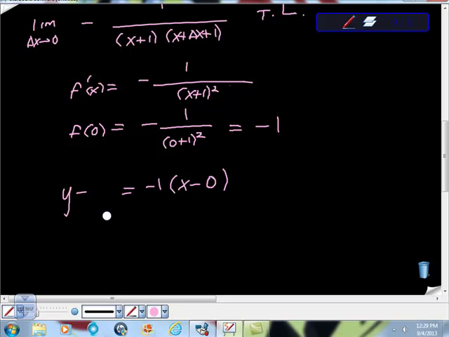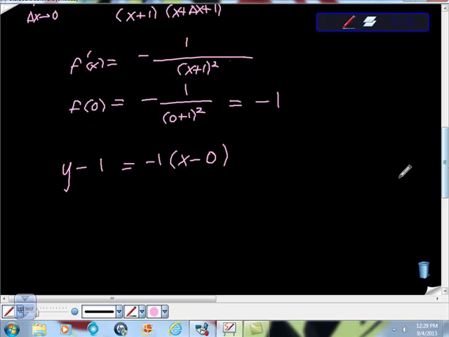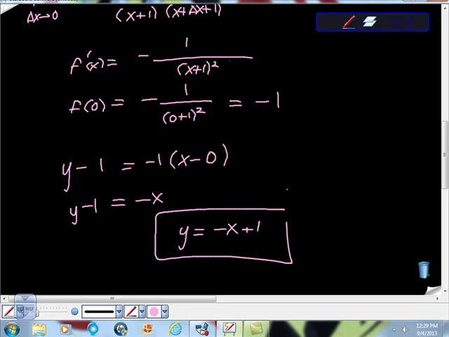Our y sub 1 value, the value that they gave us, is 1. I'm going to distribute this. I get y minus 1 is equal to negative x, isn't it? Therefore, the equation of the tangent line is y is equal to negative x. To get rid of this negative 1 here, I'll add 1 to both sides, so plus 1. There's our tangent line.